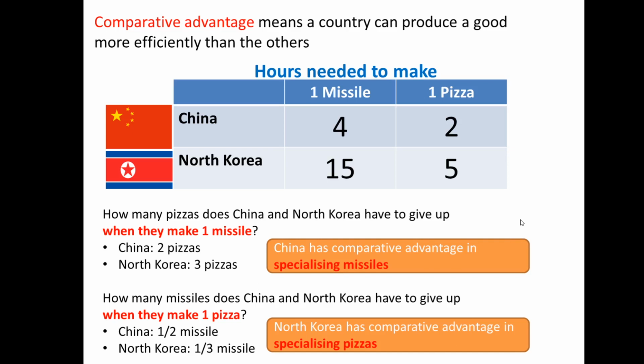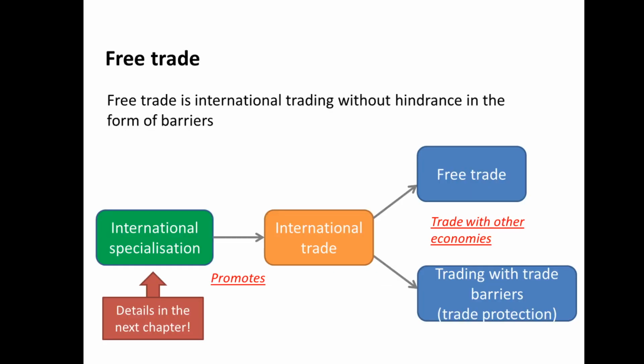That's the concept: why some countries decide to trade goods with others, because of comparative advantage. Here I'll show you a very simple flow chart. Free trade is the concept of international trade without being limited by any forms of trade barriers.